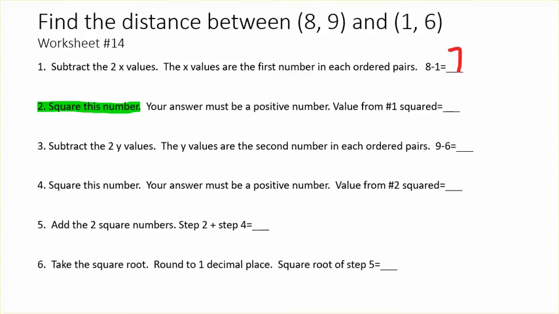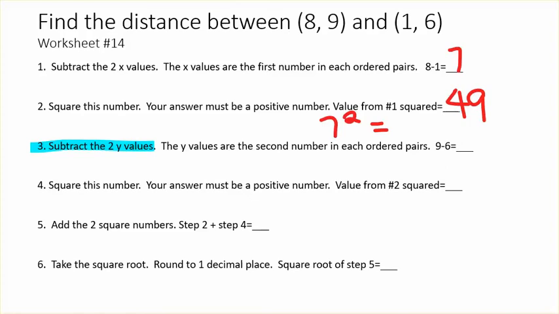Your calculator should give you a positive number. If it accidentally doesn't, make sure you just write it down as a positive number. So we're going to take our answer from number 1, which is 7, and square that. Using our calculator, 7 squared is 49.